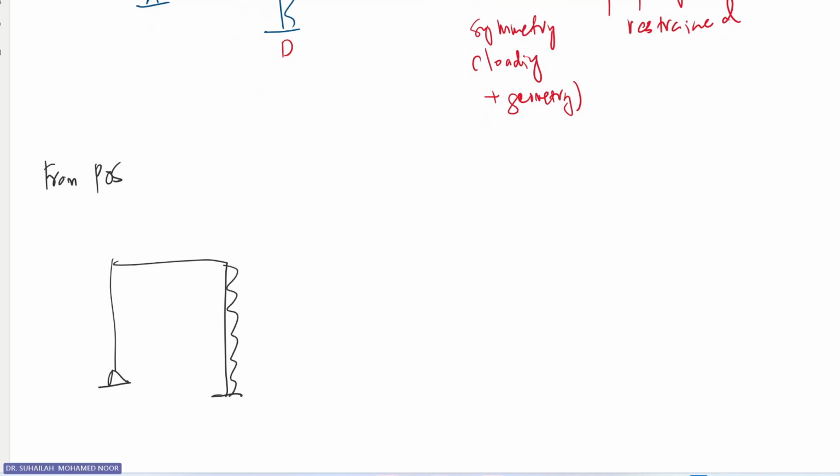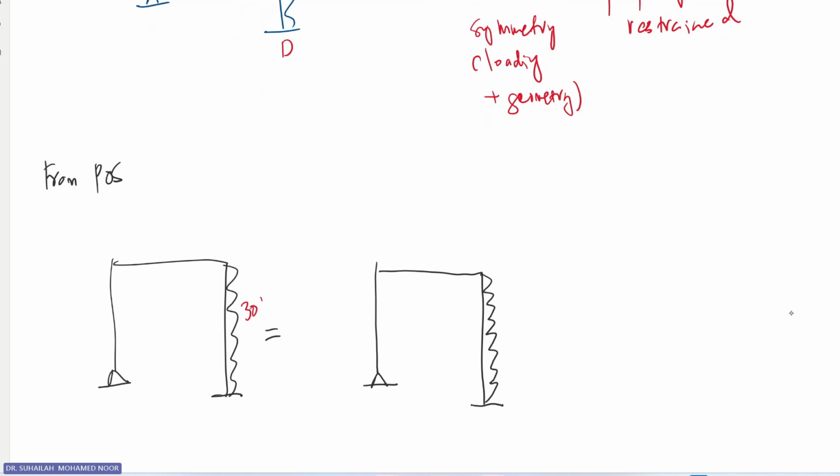This is equal to, when we want to calculate FEM due to external loading only, we have to change this to become a properly restrained frame.